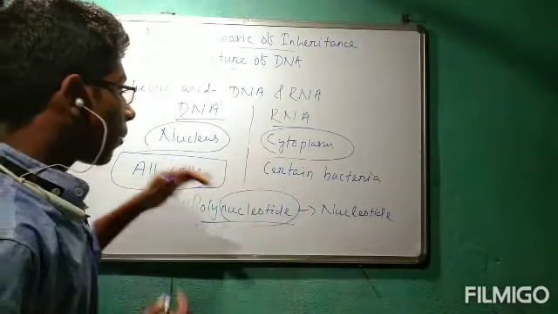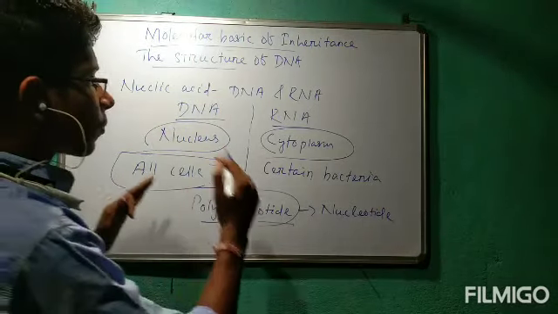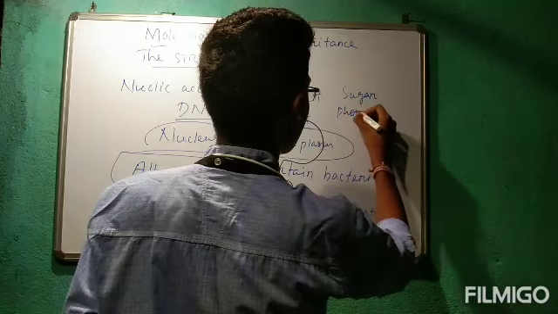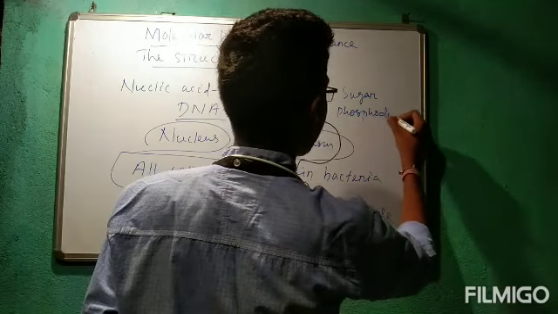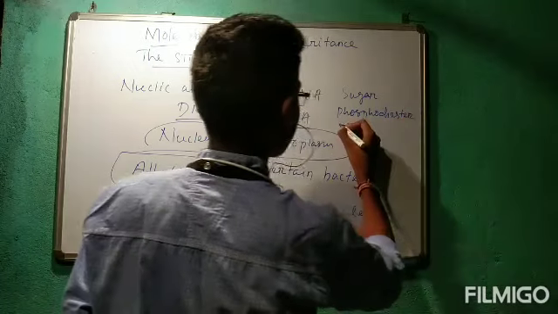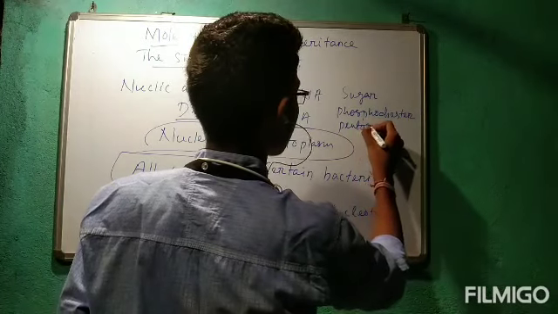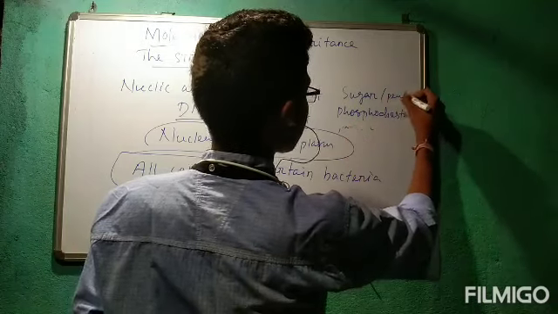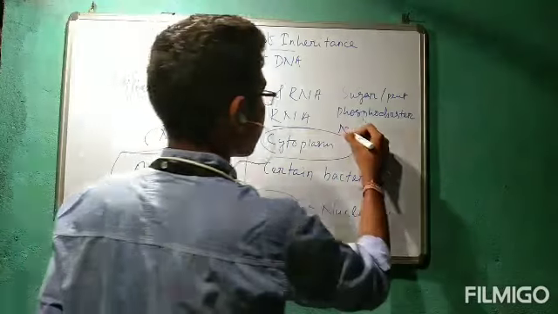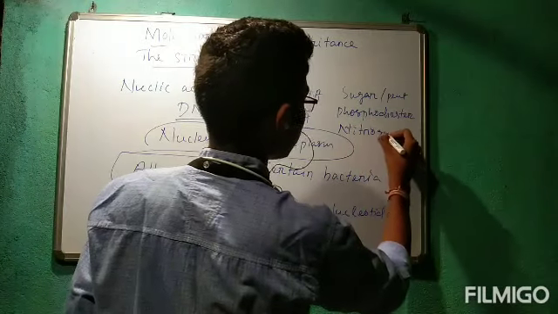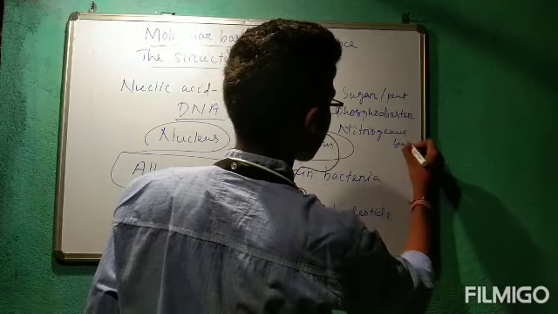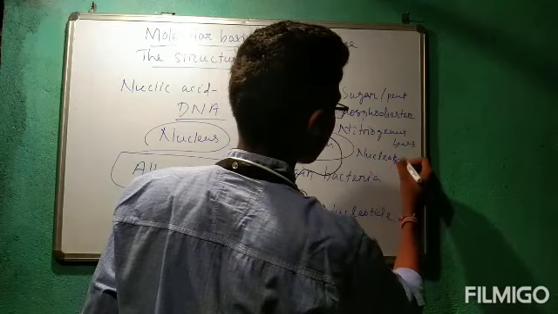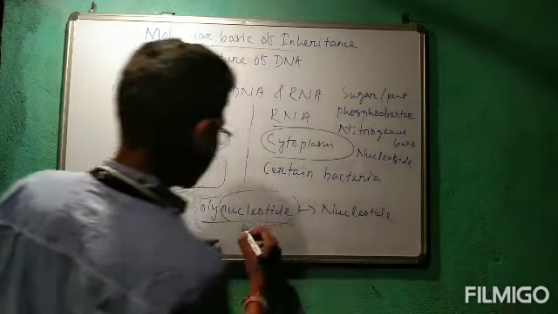In the polynucleotide, we discuss briefly sugar, phosphodiester bond, pentose sugar, that means sugar and pentose sugar are both included in this part, and nitrogenous base, nucleoside, and the last part, nucleotide.